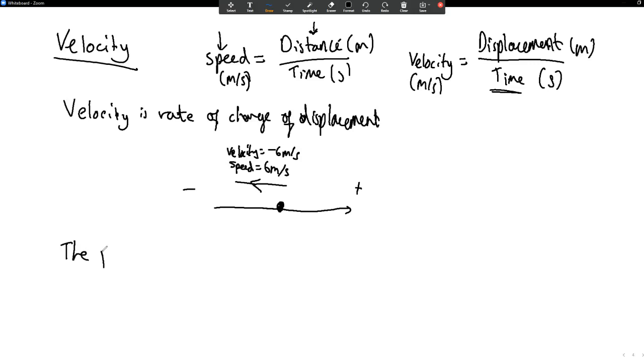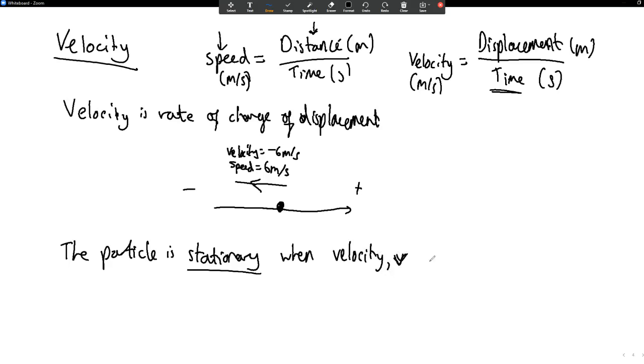the object or particle is stationary, so it's not moving, when the velocity, which we can denote as v if we wanted to, equals 0.